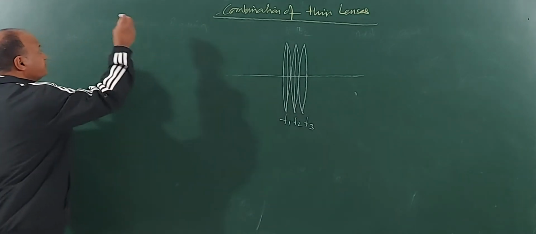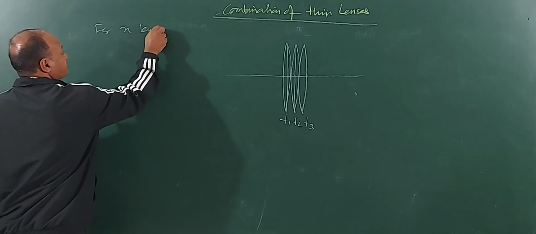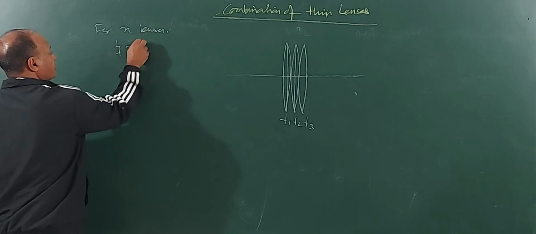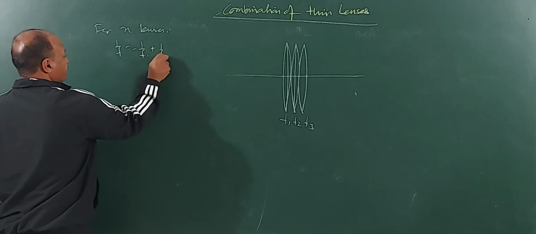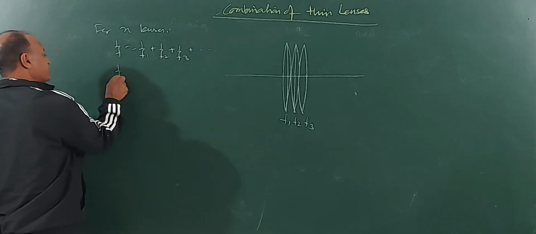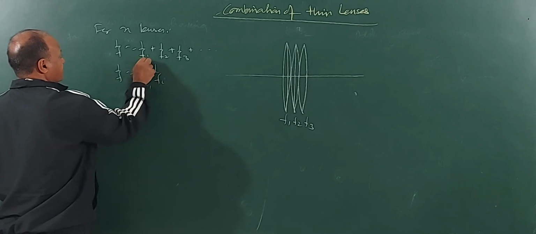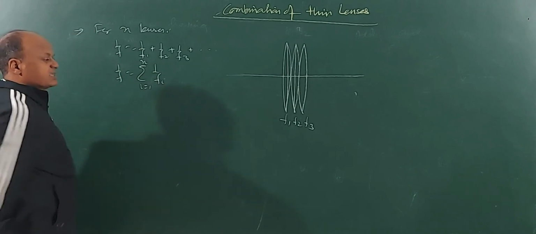So we can say for n lenses, 1 by f will be equal to 1 by f1 plus 1 by f2 plus 1 by f3. Or you can say 1 by f is equal to sigma 1 by f i, i from 1 to n. So this is for n lenses.